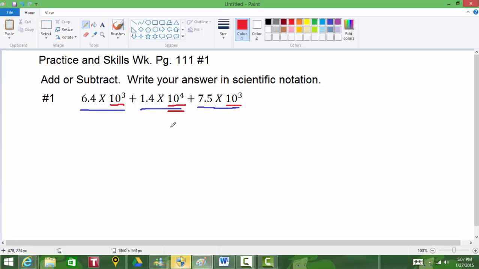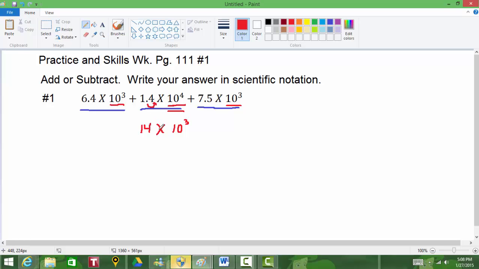So what I'm going to do is rewrite this as 10 to the third, with a multiplication right here. Now what you're going to notice is if we go from 10 to the fourth down to 10 to the third, we have to increase our number from 1.4 and move the decimal over to the right in order for it to be the same number.